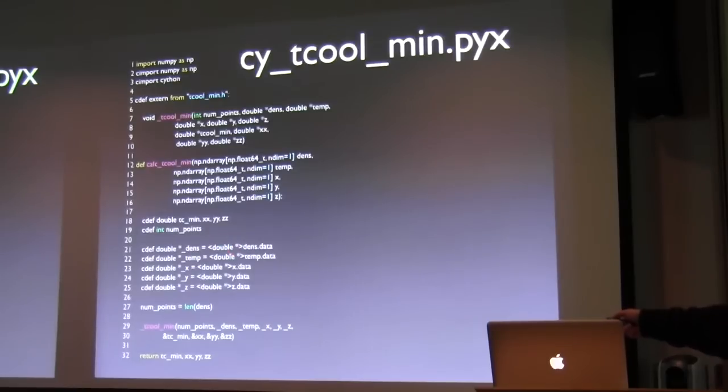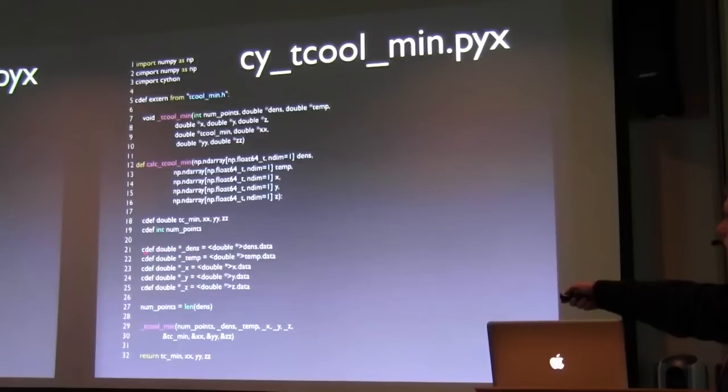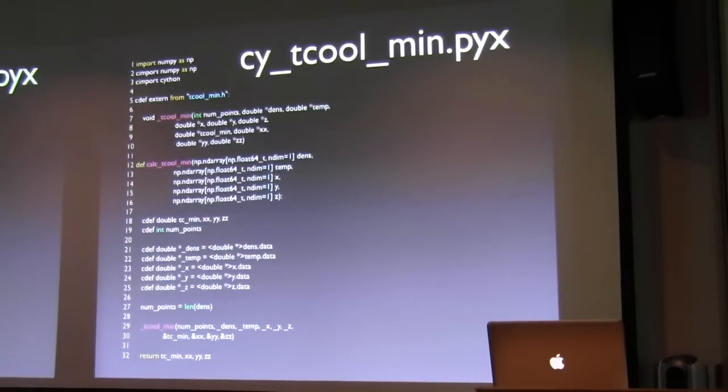And then the next thing that's done is that I've got to take the data in these numpy arrays and convert them into C arrays, basically. So I'm defining double pointers here in C to these new variables here. So these are basically just like C arrays. And they're being set equal to, they're pointing to, rather, the data that's in each of these NumPy arrays.